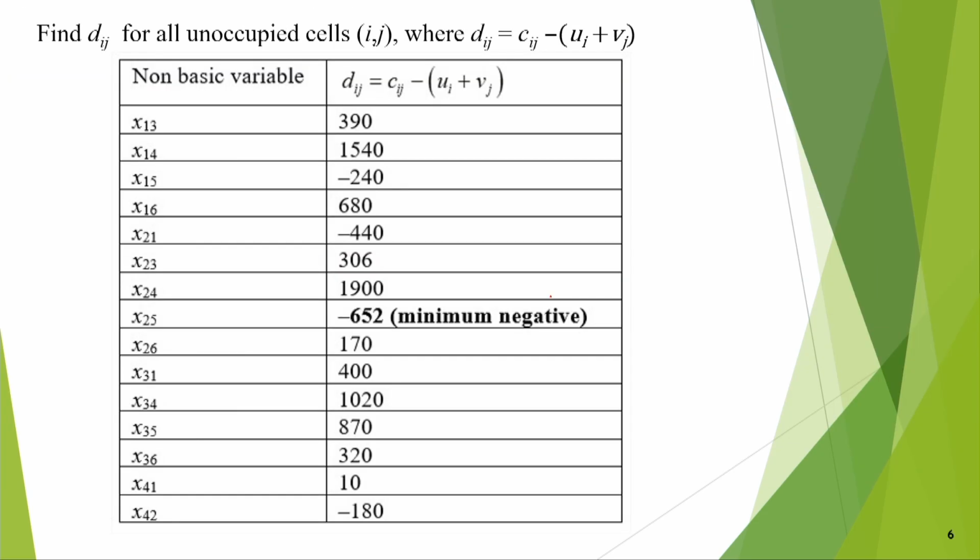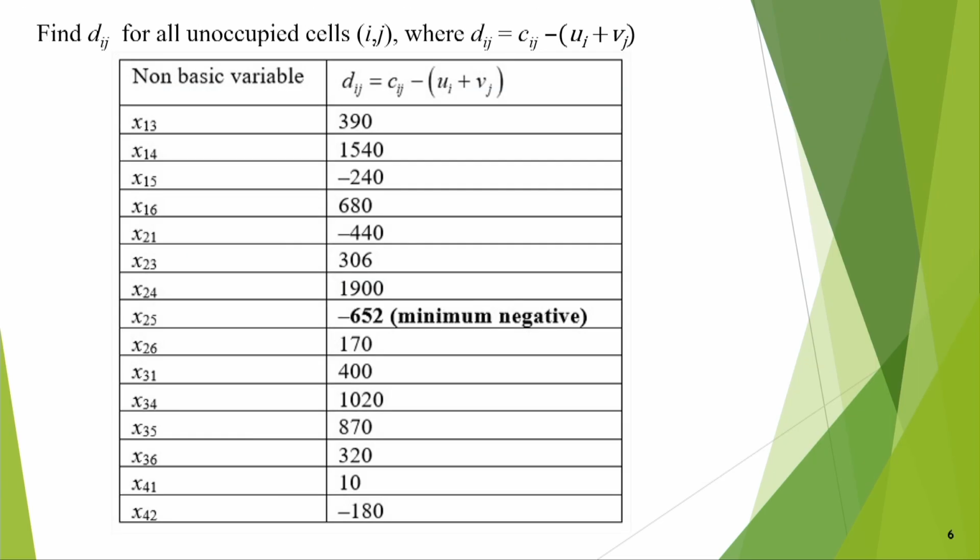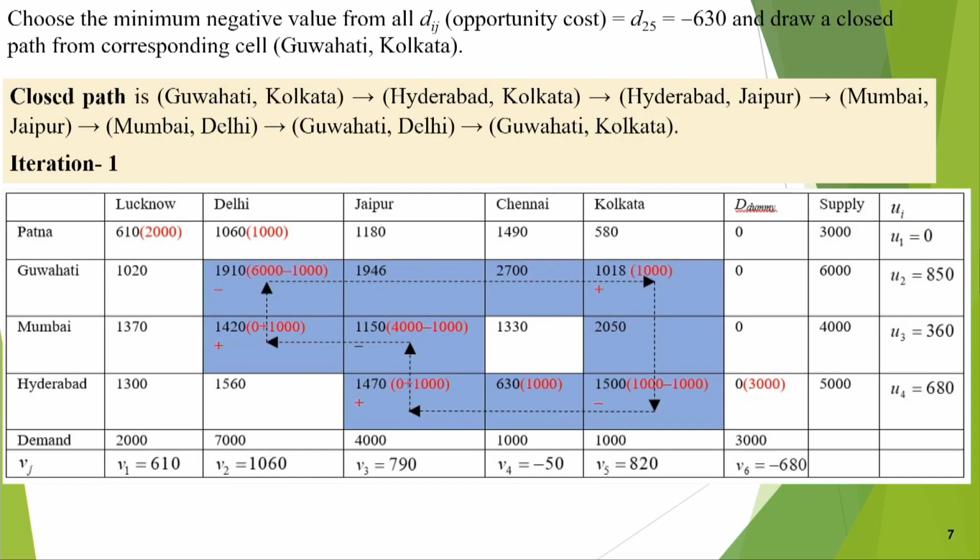Suppose we have second row and fifth column. So second row is the Mumbai row and fifth column means this one. So 2,5, this one. Okay. So this is x25, the minimum negative, and this is 652, and there was nothing here.